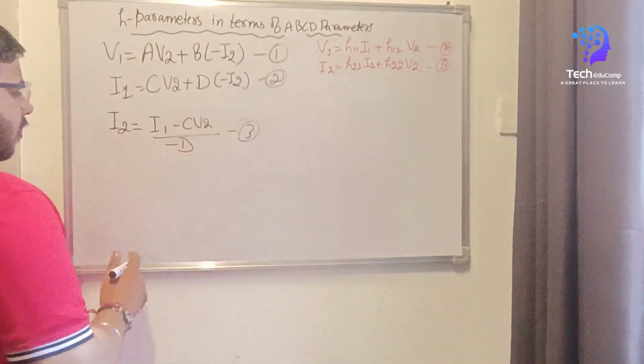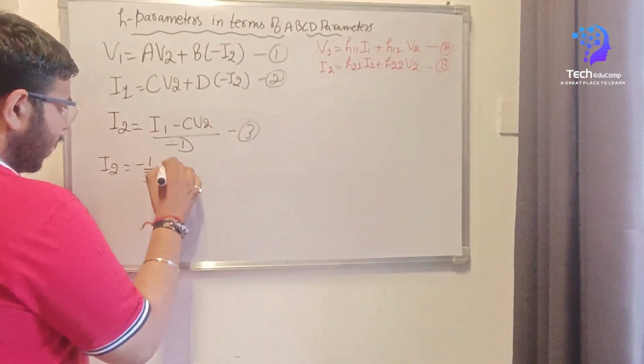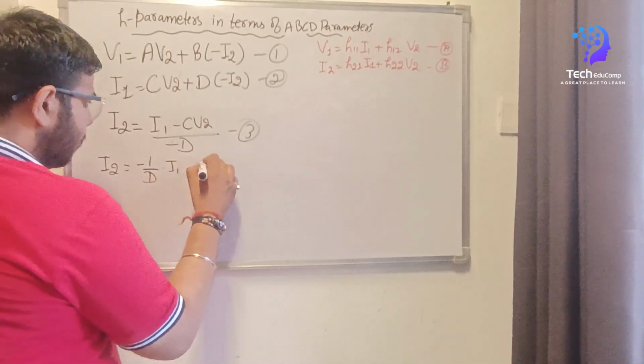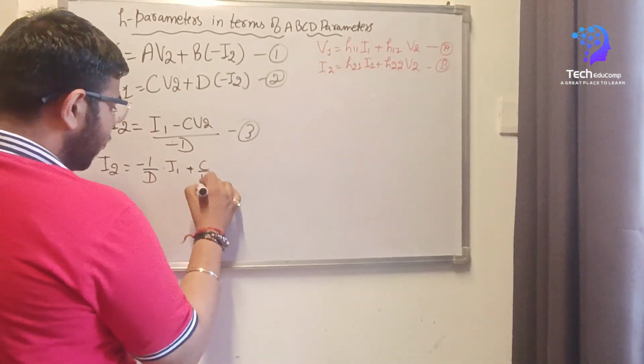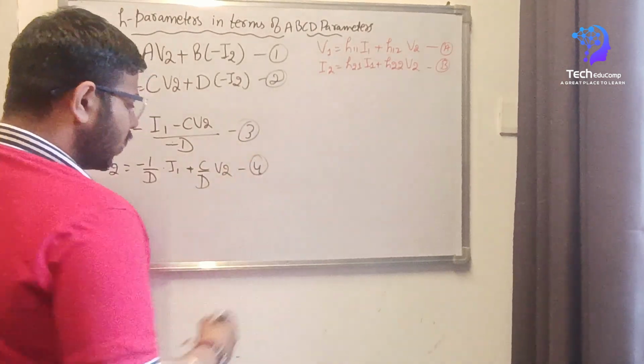And when we simplify this, it will be I2 equal to minus of 1 by D into I1 plus C by D into V2. This is equation number 4.